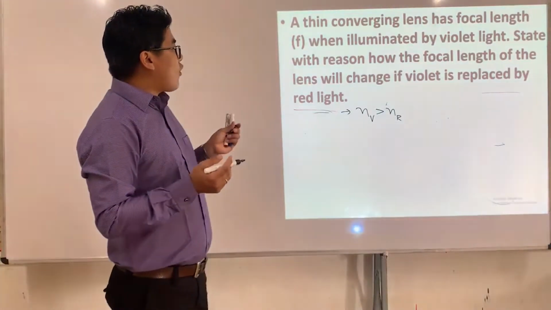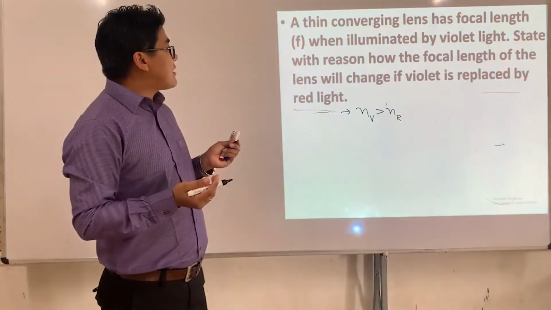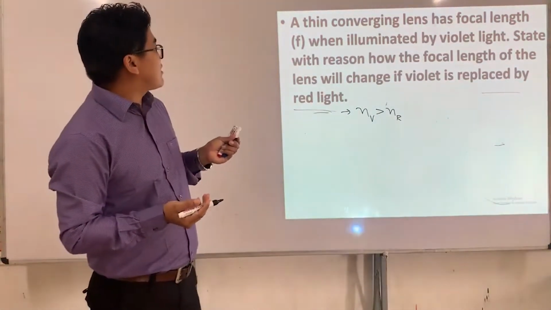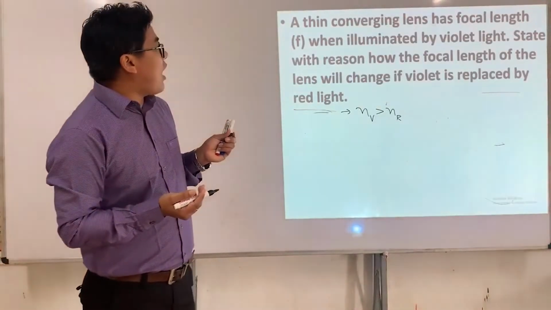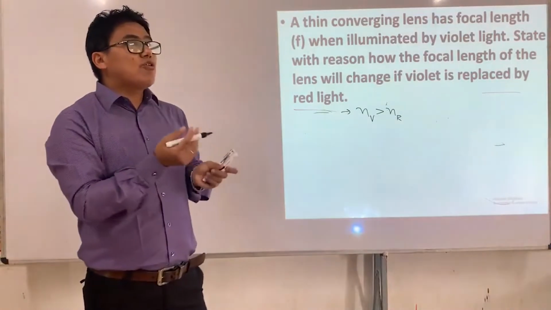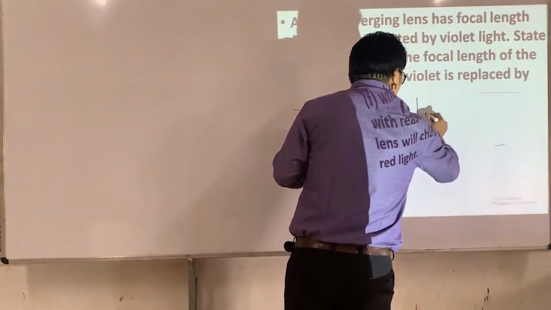Now, the focal length does not remain the same. We have to say how the focal length of the lens is going to change. So now again we need the lens maker formula. Why?